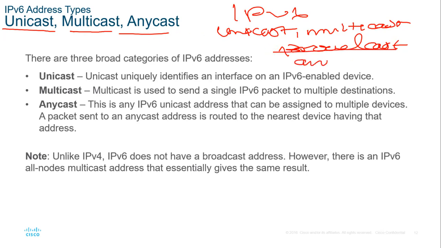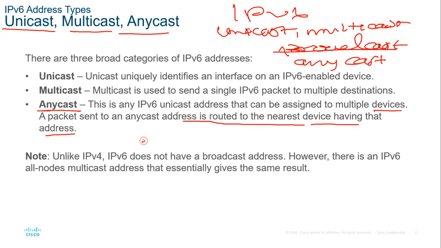Instead, we have anycast. So anycast here is any IPv6 unicast address that can be assigned to multiple devices. So a packet sent to anycast is routed to the nearest device having the same address.